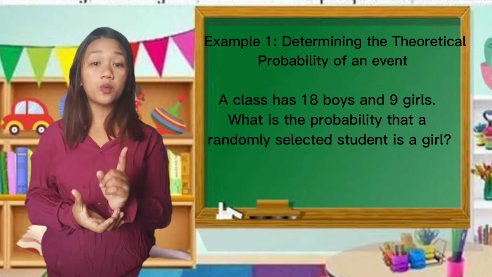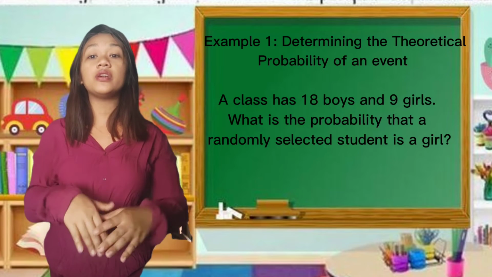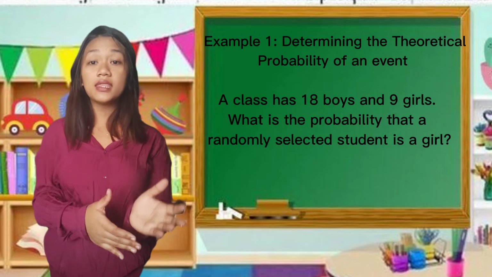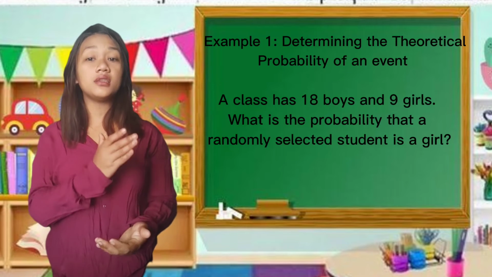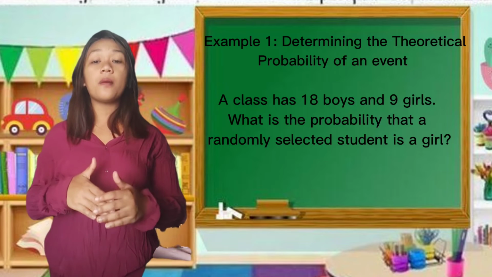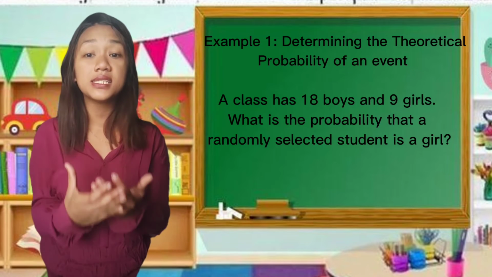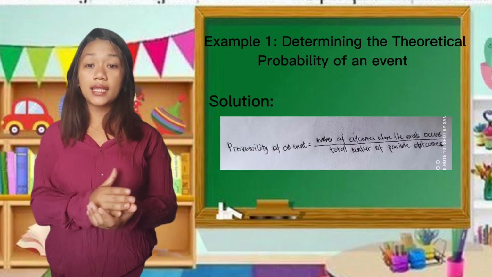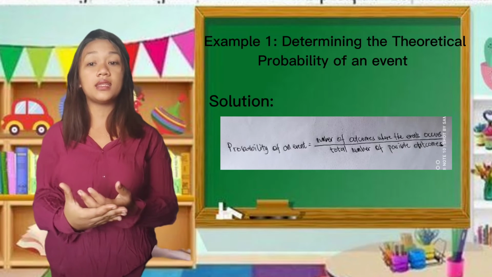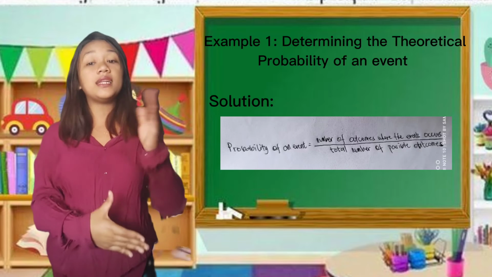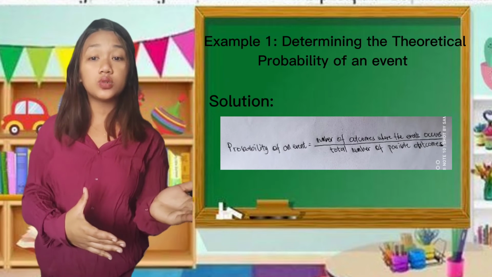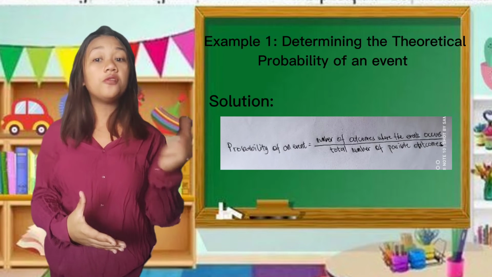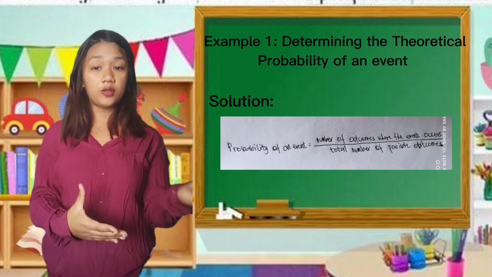Example number 1, determining the theoretical probability of an event. A class has 18 boys and 9 girls. What is the probability that a randomly selected student is a girl? We recall that the probability of a simple event is the number of outcomes where the event occurs over the total possible outcomes.